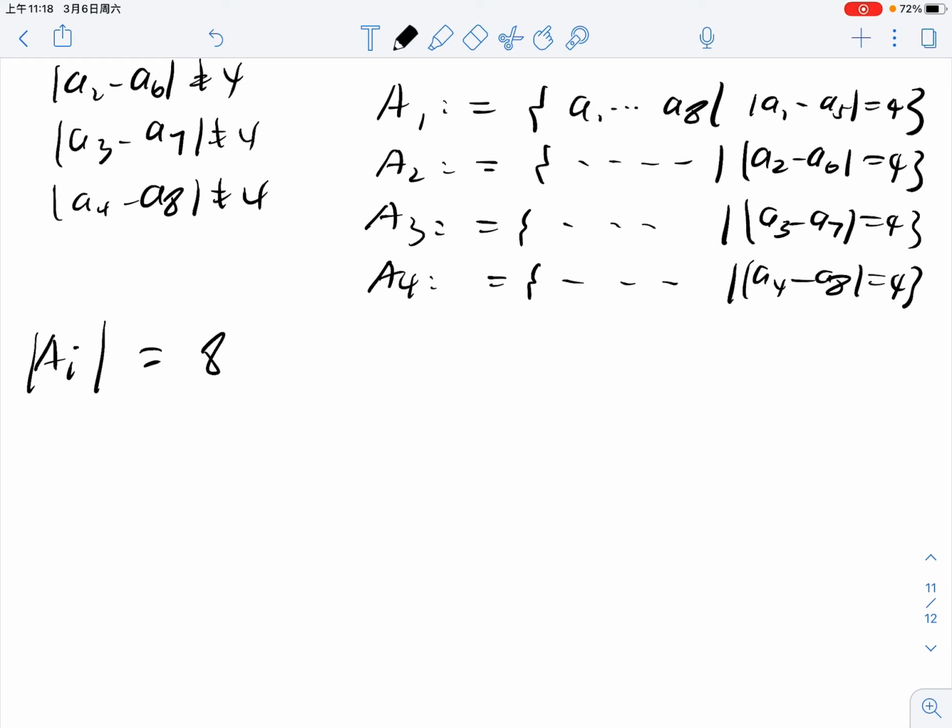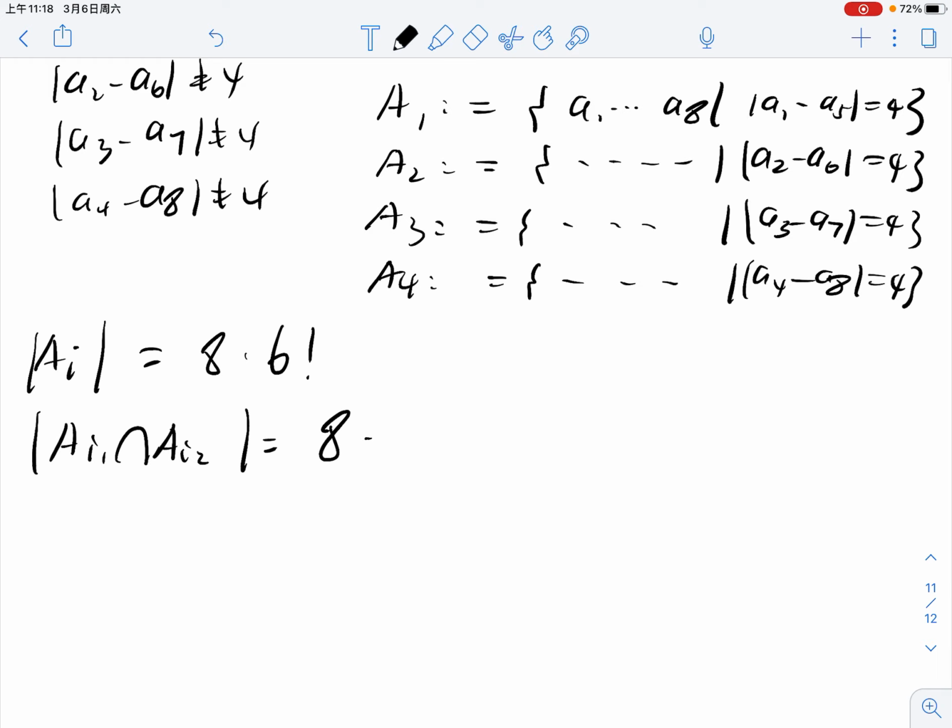Okay, then for the cardinality of one set, you can first fix A1, and then automatically you have A5. Then for the remaining you have a permutation of 6 elements, so 8 times 6 factorial. And similarly, for 2 intersections, you can first fix one element, for example A1, then you automatically fix A5, and then you fix A2.